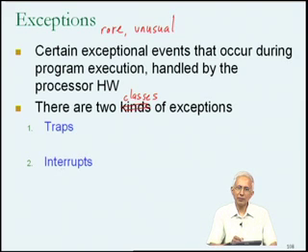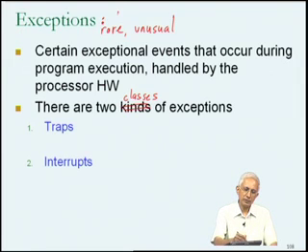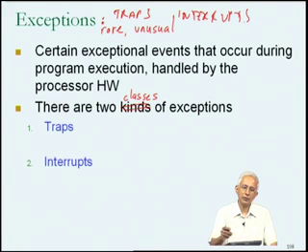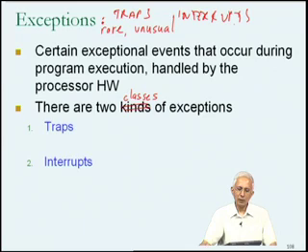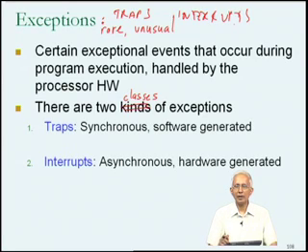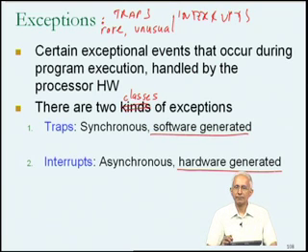We had seen the word interrupt before when I talked about the hardware timer interrupt, in other words, an exception generated by the hardware timer. A trap and an interrupt are different in that a trap is a software generated event and an interrupt is a hardware generated event.